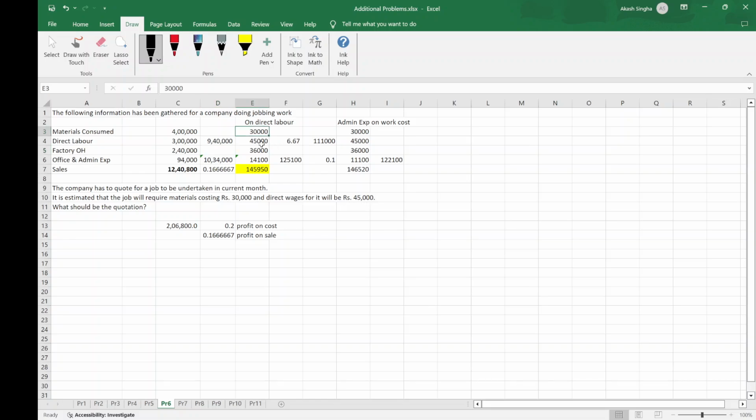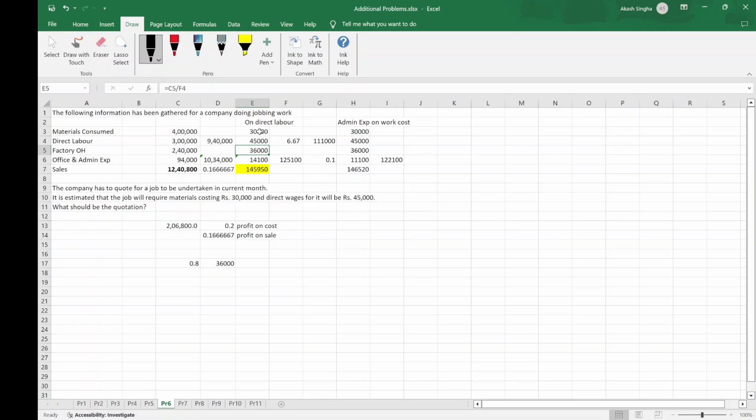Factory overhead: previously factory overhead was 2,40,000 and direct labor was 3 lakh. So the rate is 2 lakh 40,000 by 3 lakh, which is 0.8. Now also it will be the same: 36,000, which is 45,000 into 0.8. So this will be the factory overhead.